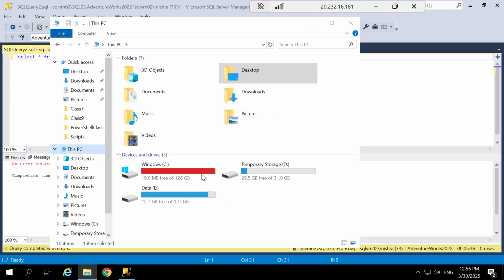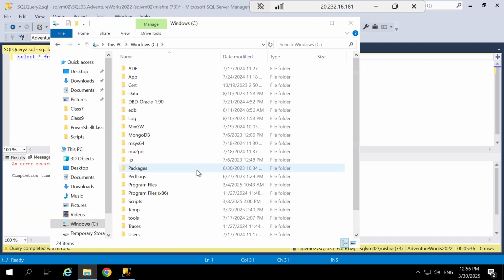No space is there on the C drive. So basically, it was using the page file. It was using paging for virtual memory and it didn't get enough space.